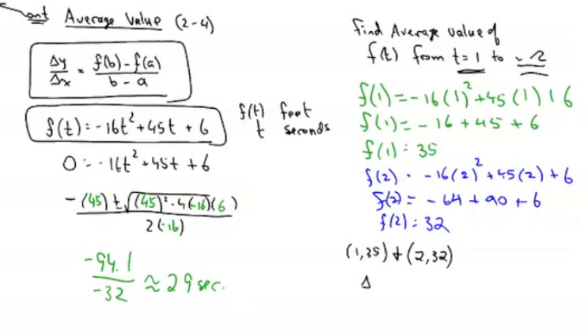So you do change in f of t over change in t. So what's the change in the f values? Depends on which way you want to read them, left to right, right to left. Basically the y values. So what are the change in y?